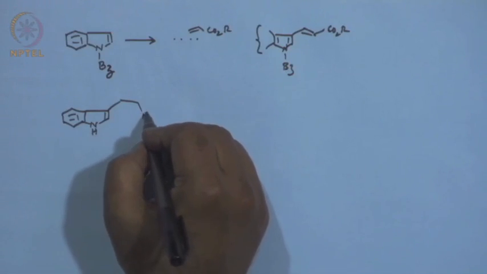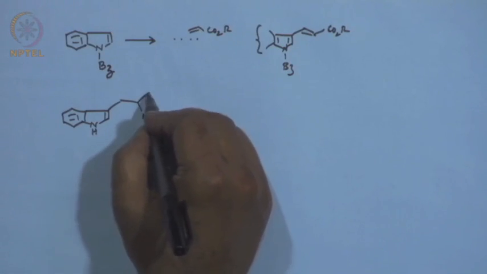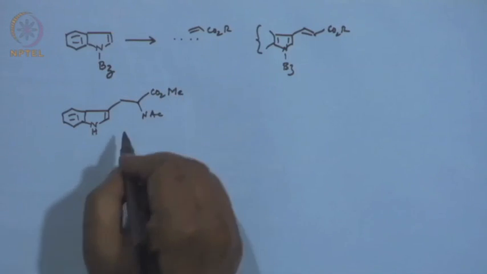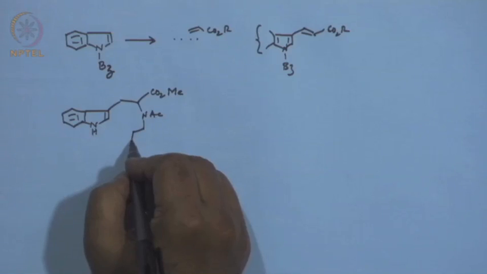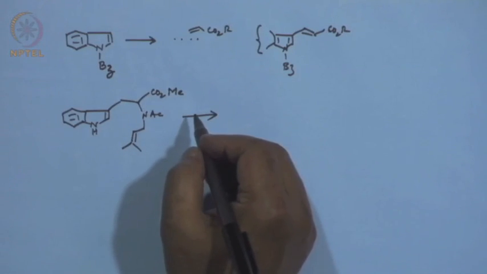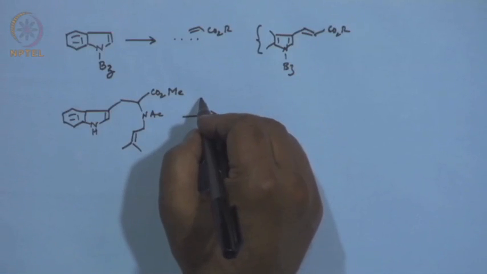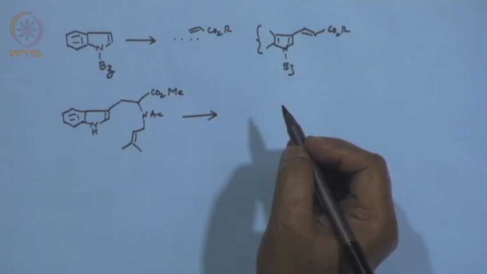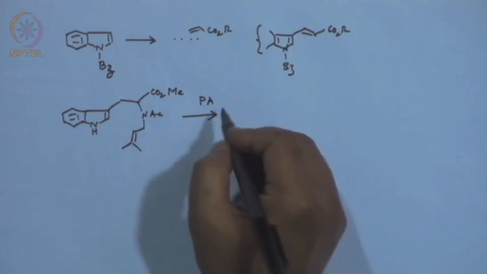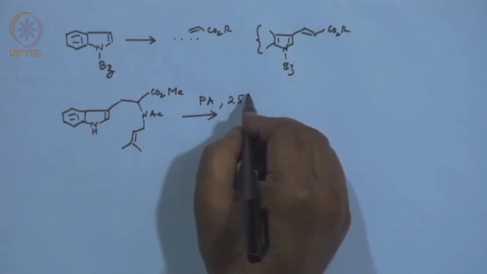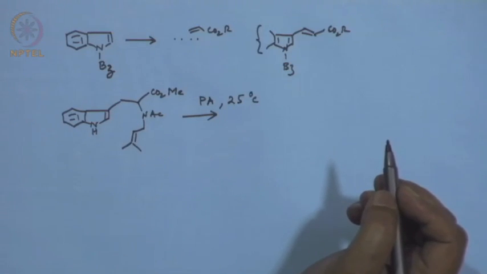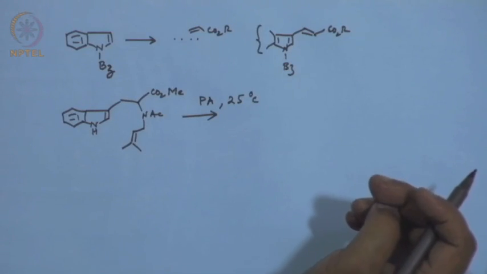This is a tryptophan derivative, and then it is a prenylated compound, and it was very recently discovered. And mind it, the temperature is pretty low, just room temperature. So, what do you expect?